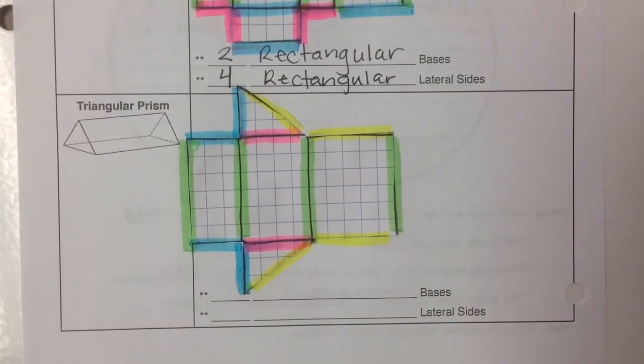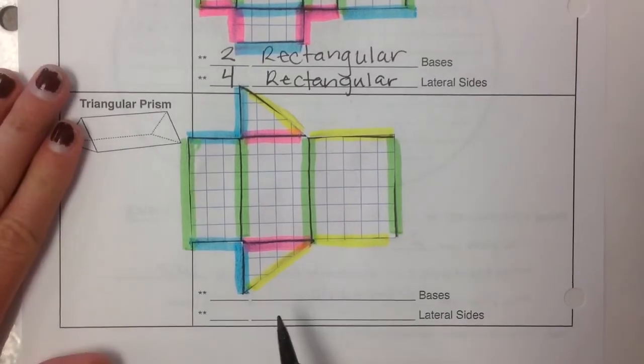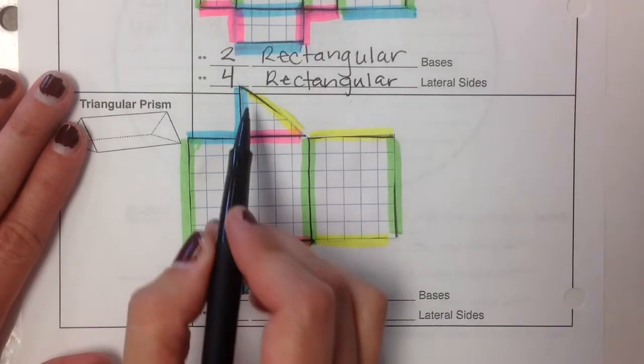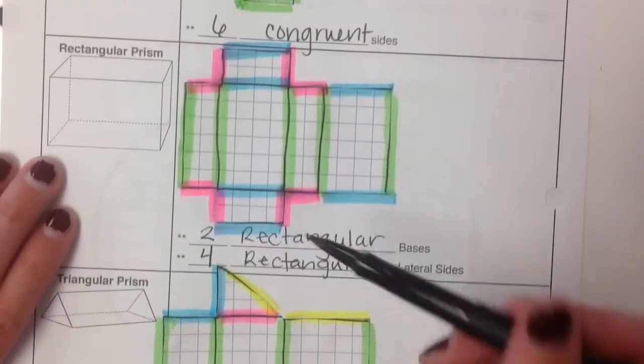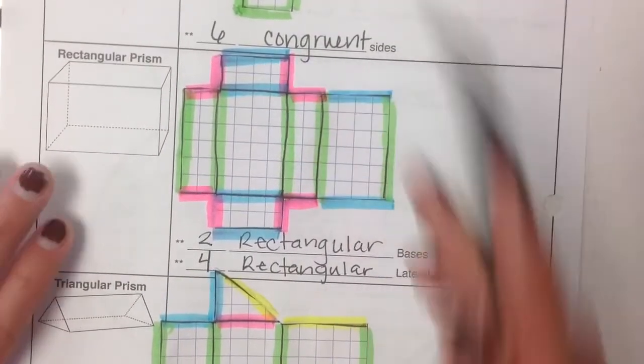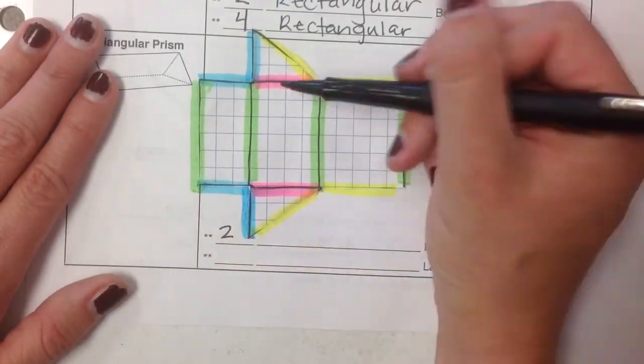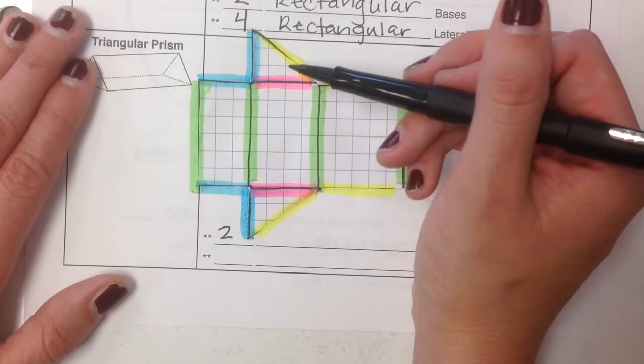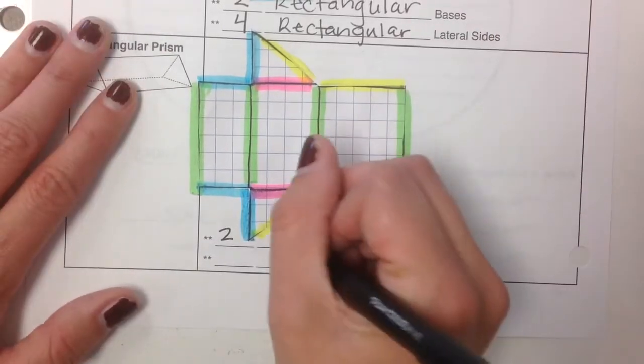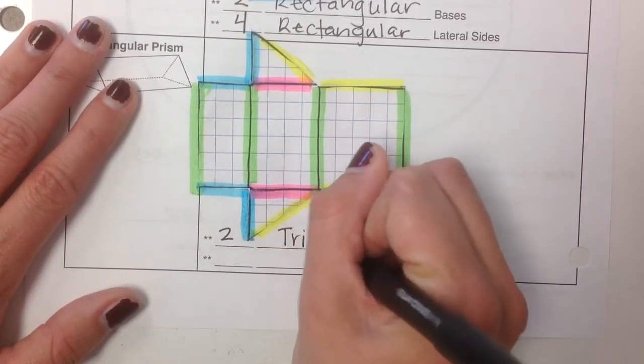So now let's look at our comparisons, comparing the bases and the lateral sides. So our bases, that's our top and our bottom. For the rectangular prism, we had 2 rectangular bases. Well, as we said, every single prism always has 2 bases, one on the top, one on the bottom. But this time, since it's a triangular prism, there are triangular bases.